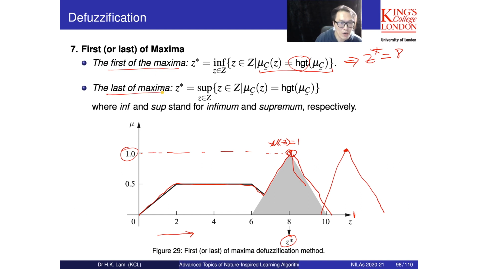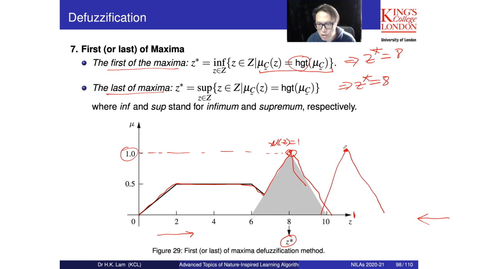The last of maxima, we do the same thing: identify the maximum height, and then scan, this time from the right, and we find that this is the first value of z which gives you the maximum height of the membership function, which gives you the same result, z star is 8.